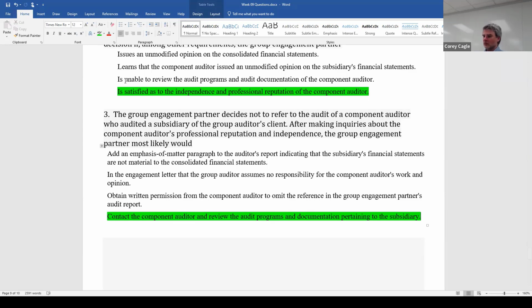We'd want to, particularly if it was material, look at their audit, look at their documentation. Now, if it was immaterial, maybe just crank out some analytical procedures and call it a day, because materiality is materiality. If it's not material, it's not capable of making a difference, and we don't care, right? So that's it.